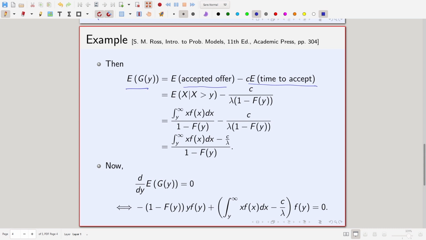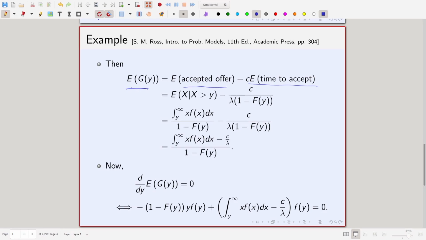Why? Because by selling a house, you get a certain amount, but you also incur a loss. The loss is C times the amount of time you take to sell the house. So, the expected net return is the expected amount you get by selling the house minus C times the expected time to accept the offer.